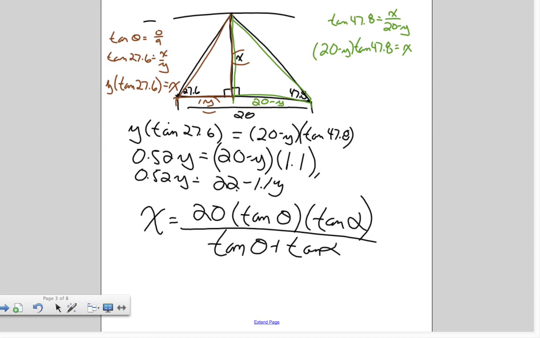So when we replace 20 with z, anytime you're given this situation where you have two angles and the distance between them, you can always figure out that middle point. That wasn't part of the test. The test was getting to this part. But as an extension, this is what we can actually go to.